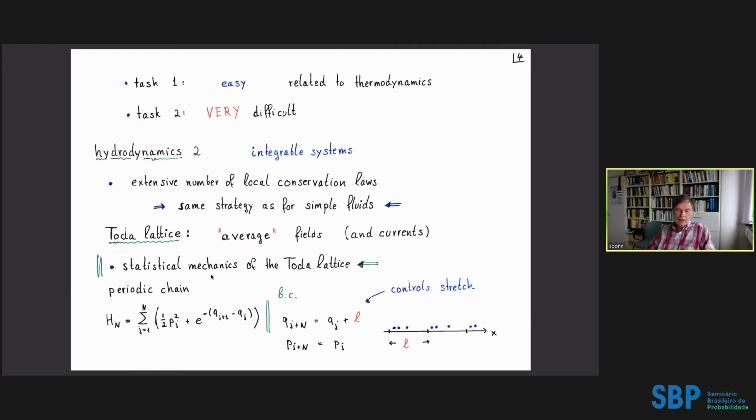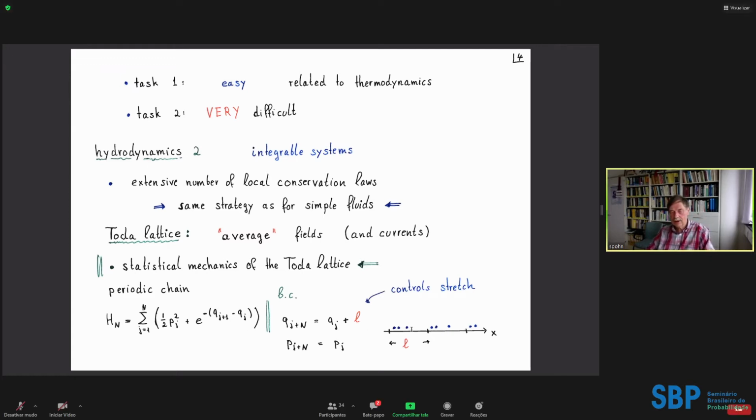Okay, and so what I told you is that for the statistical mechanics, we should be careful with the boundary conditions. And so now I'm really very careful. So I assume that I have n particles, so j goes from 1 up to n. And the boundary conditions are not what you would expect immediately, but take this picture.